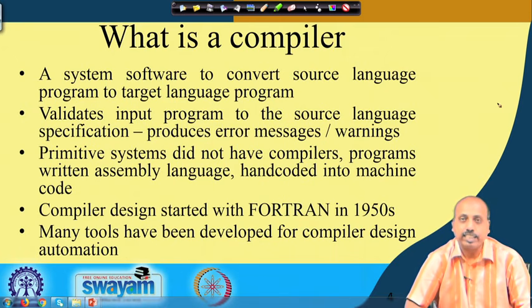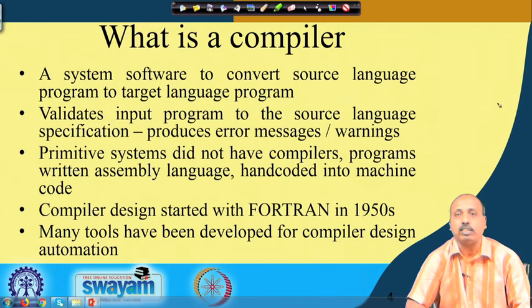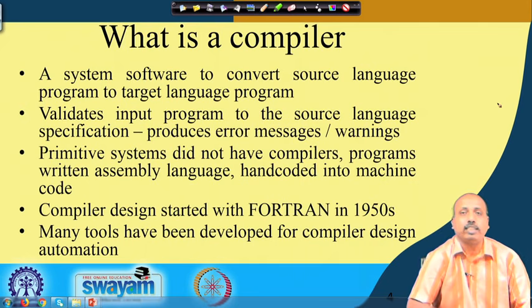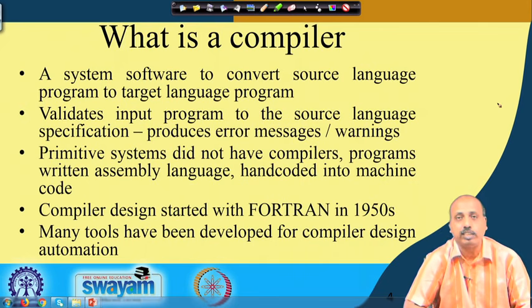So, compiler design actually started with the language Fortran in the 1950s. Fortran is the language which was used for scientific calculations, and the full form is formula translation. The first compilers were designed for the Fortran language, and many tools have been developed for compiler design automation.